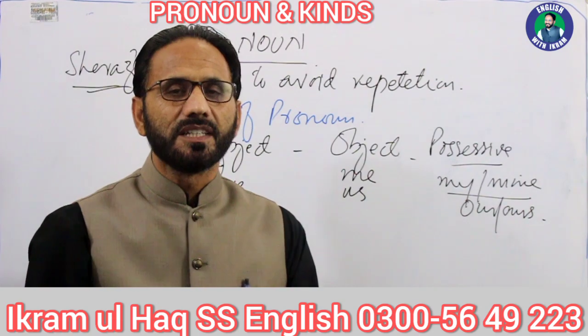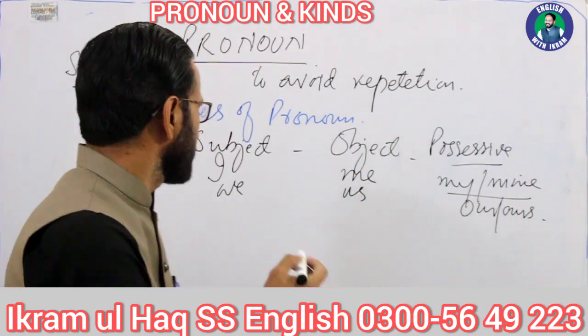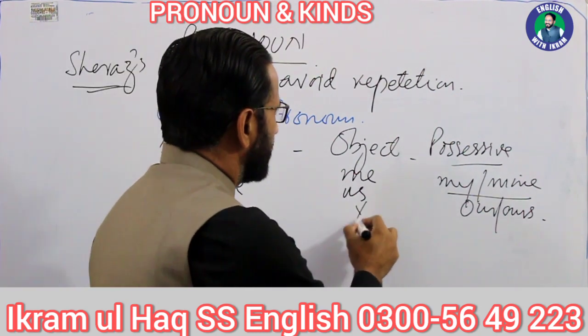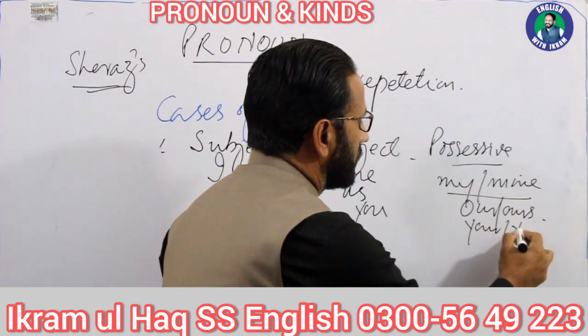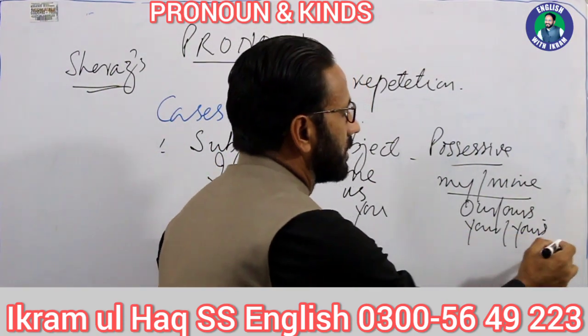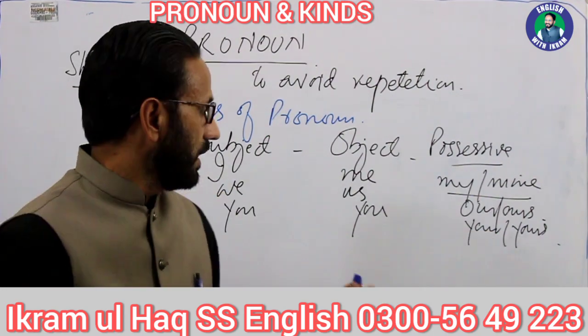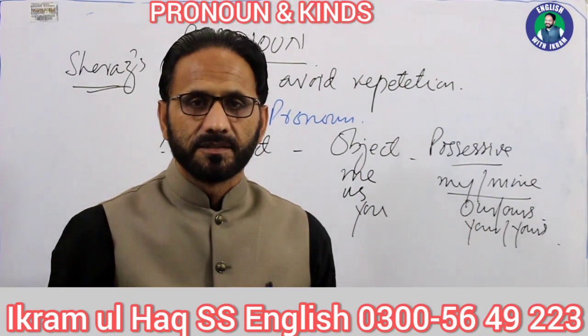What are the differences between the use of these two different possessive cases of pronoun. Then you as a subject, it remains you as an object, and your or yours.